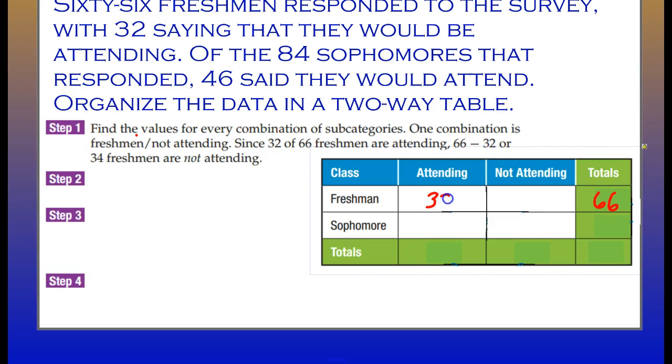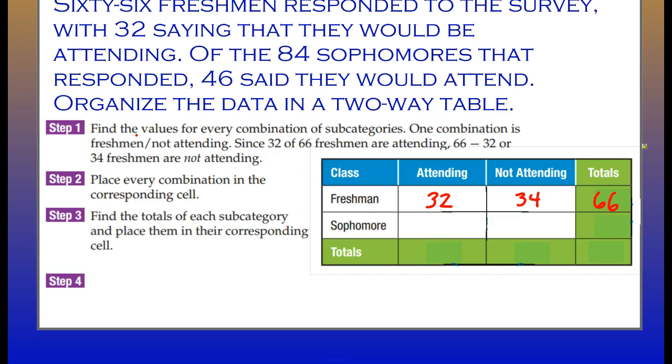So 32 goes into this cell, and then 66 minus 32 gives the number of freshmen not attending. So this would be a total of 34 freshmen not attending. Then step 2 would be to place every combination in the corresponding cell.